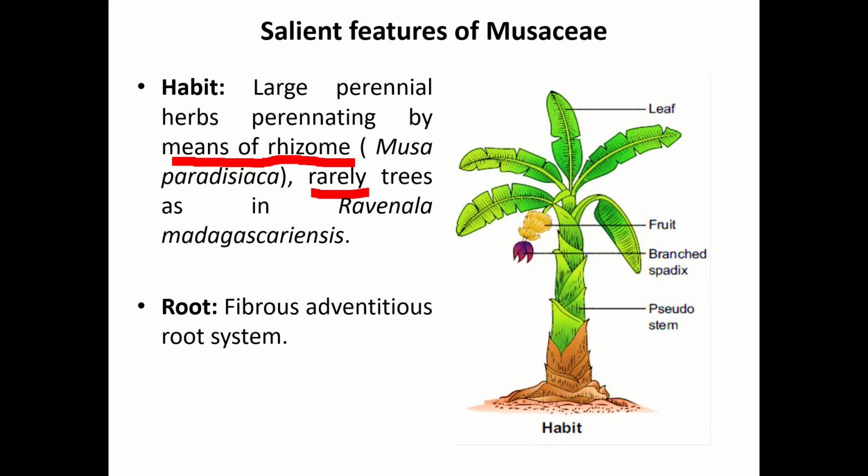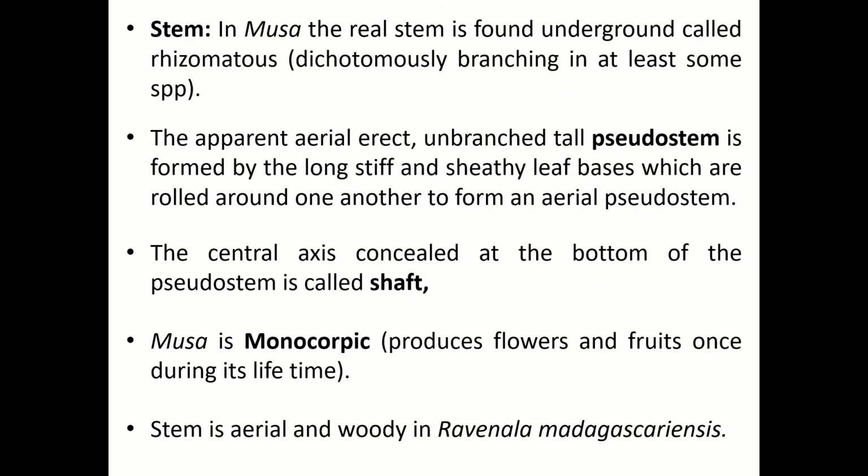If you look at this, see, this looks like the aerial stem. The central axis is concealed, hidden at the bottom of the pseudostem. This is known as the shaft.